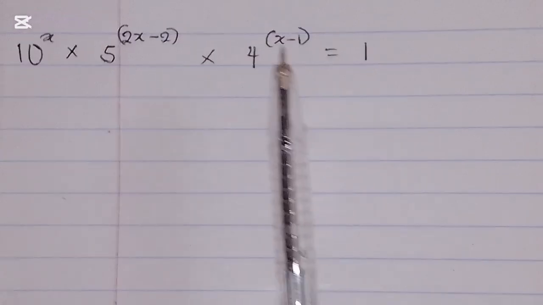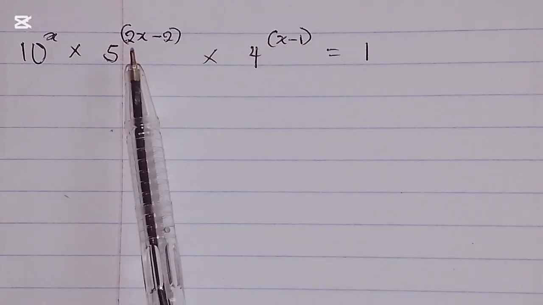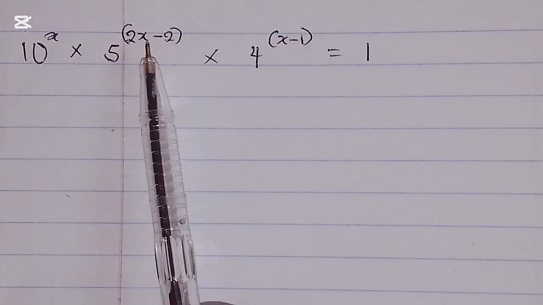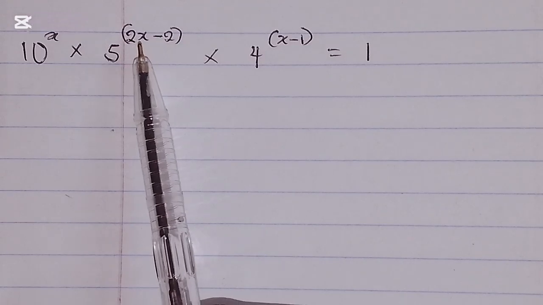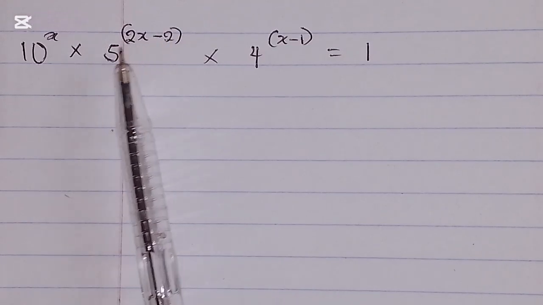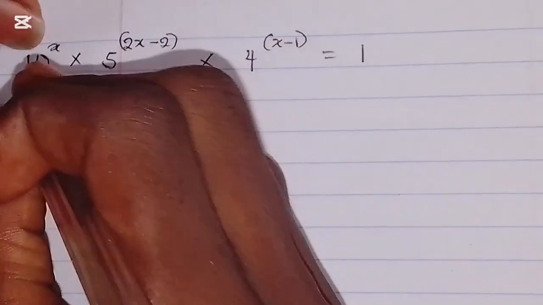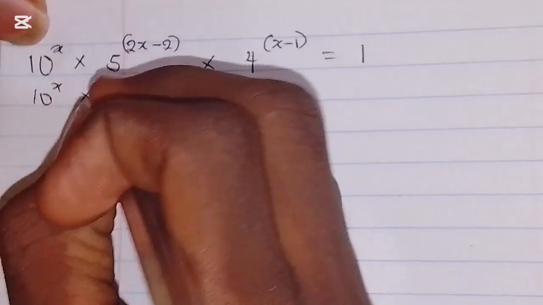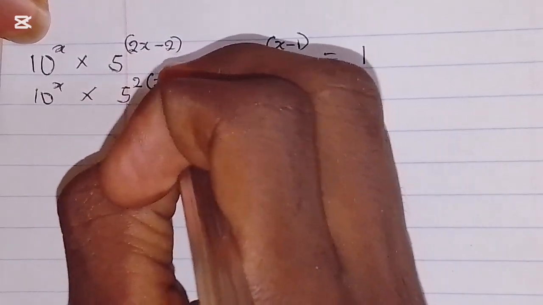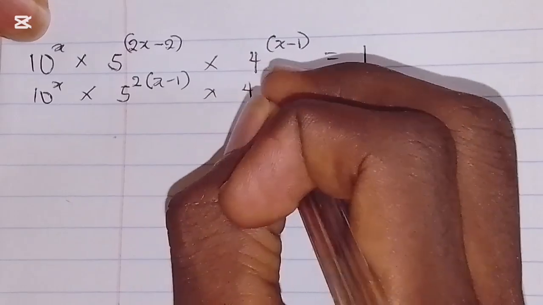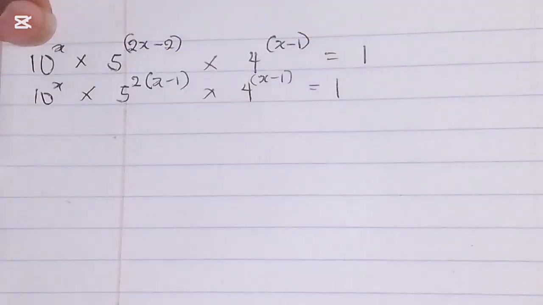You see that we have x minus 1 here as a power of 4, and we have 2x minus 2 here as a power of what now? Of 5. So it is very easy for us to factorize this first power. Okay, that we now have 10 to the power of x times 5 to the power of 2 bracket x minus 1 times 4 to the power of x minus 1 equals 1.